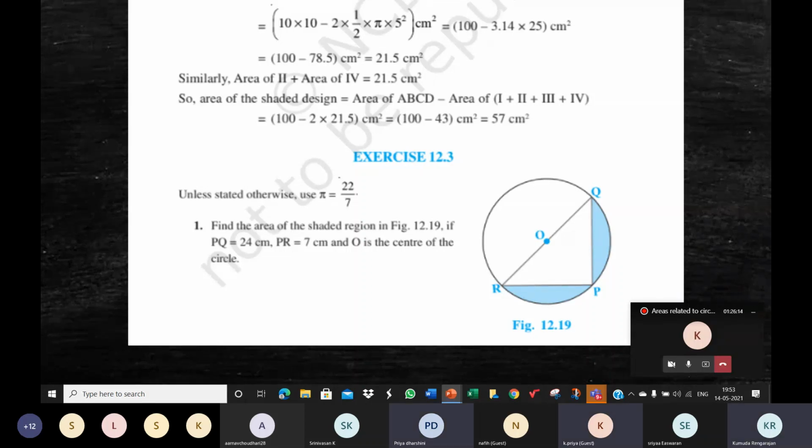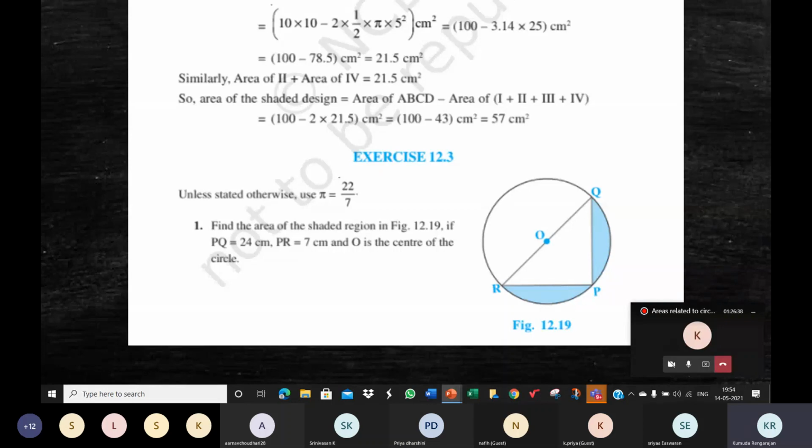Ma'am, by using Pythagoras theorem. Pythagoras theorem. So 576 plus 49, 625. Square root of 625, 25. QR is equal to 25. Diameter is 25. What's the radius? 25 by 2.